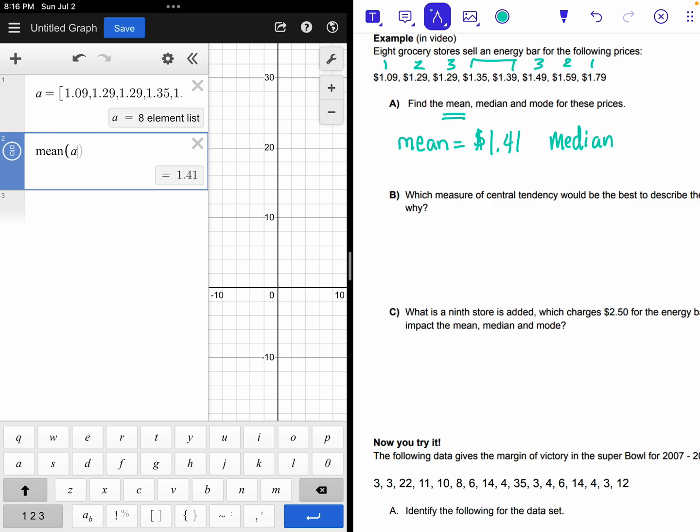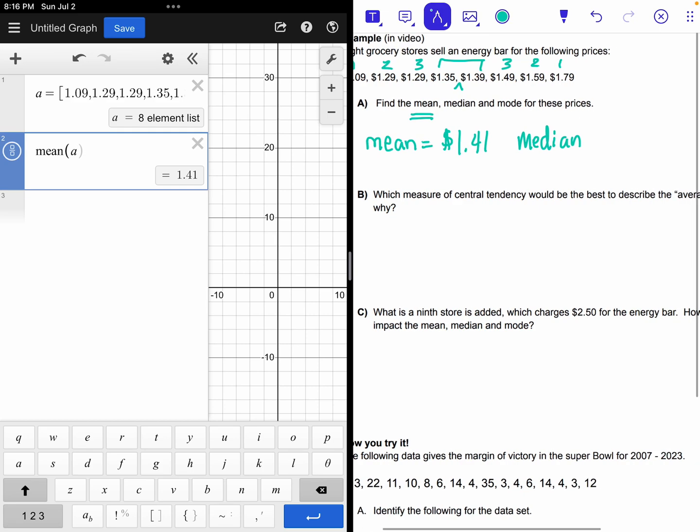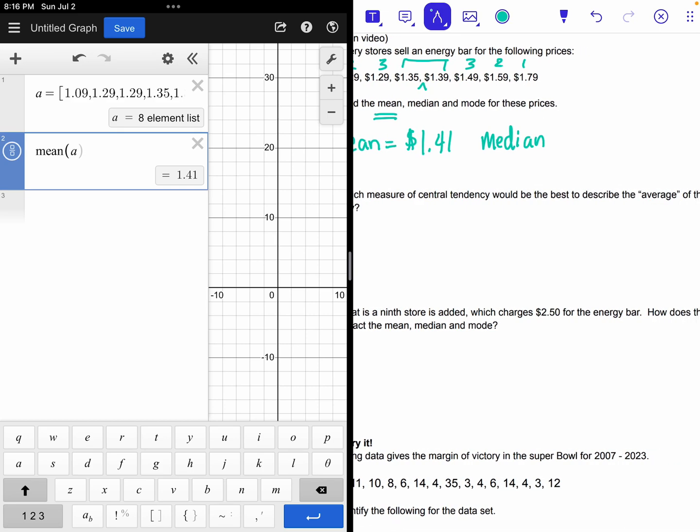But in this situation, since I had 2 numbers, I would actually find the mean of these 2 numbers. I would find the number that's basically between these 2, and that would be my median. And I would do that by adding them and dividing by 2. So I'll just make a note of that. So I could find this by doing 1.35 plus 1.39 and divide it by 2.